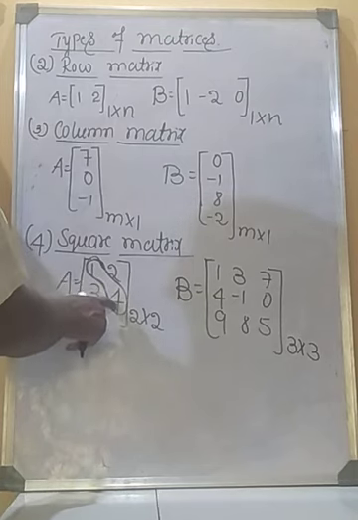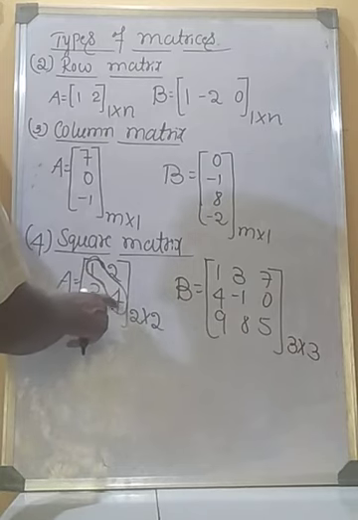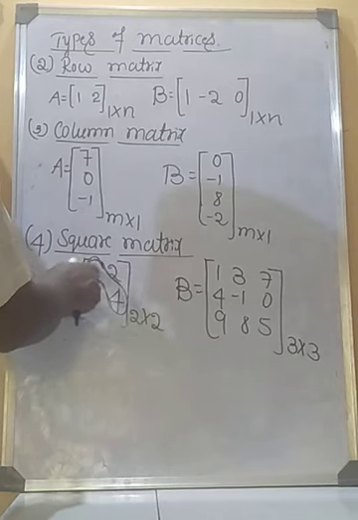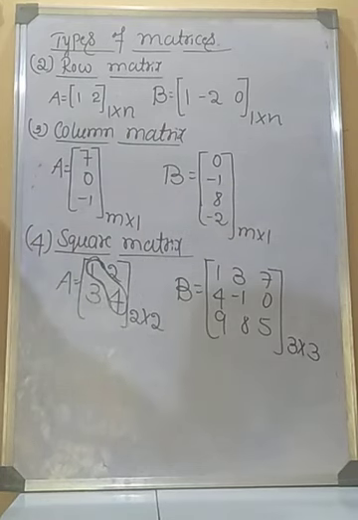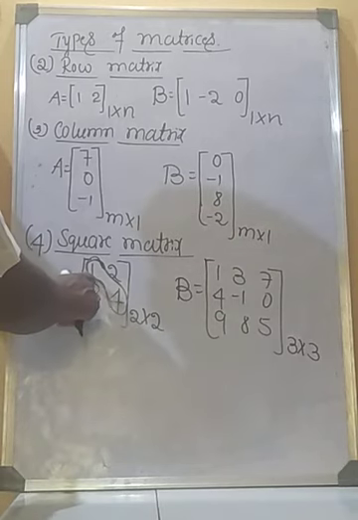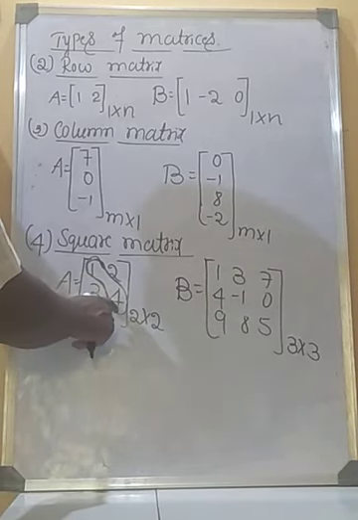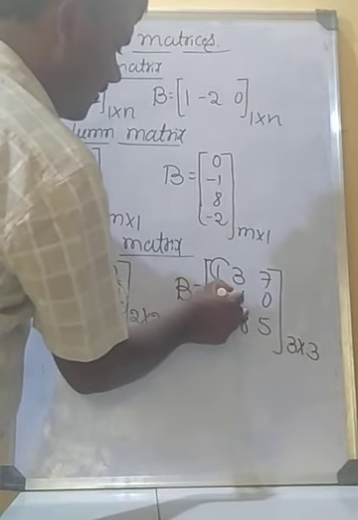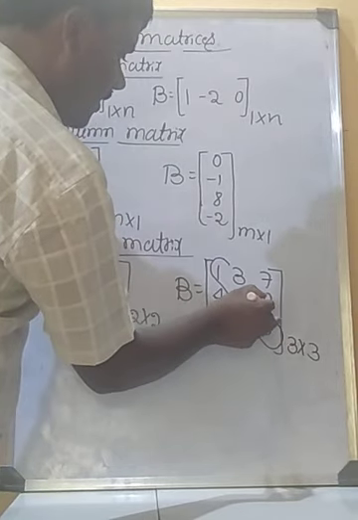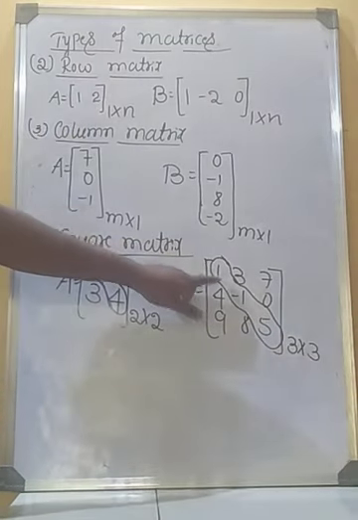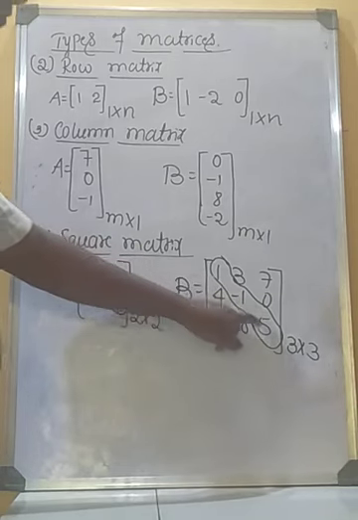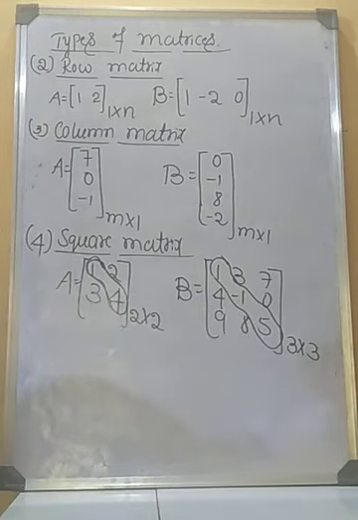The rest of the elements are called non-diagonal elements. In matrix B, the principal diagonal elements are 1, -1, 5. The elements from left top corner to right bottom are called principal diagonal elements or leading diagonal elements.